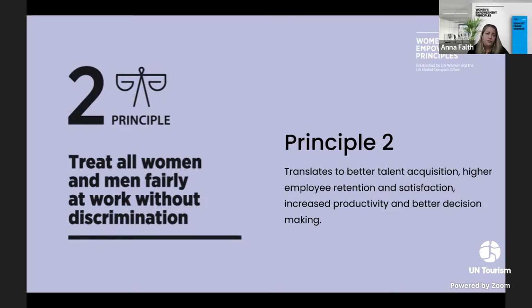And also in this principle 2 is the whole issue of the wage gap, which is quite substantial in the tourism sector. It's about 20%. And you may say that, yeah, women are in certain roles and men are in other roles. They are more in leadership roles. So here is where we also call on you to give everyone equal opportunities.